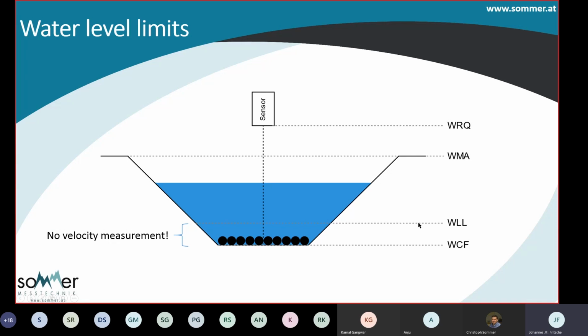But this is usually in the realm of a few centimeters or decimeters, depending on the roughness of your river. Usually these 2 settings are kept at 0 and most often don't need to be adapted. What needs to be adapted is the maximum water level and the installation height of the sensor.